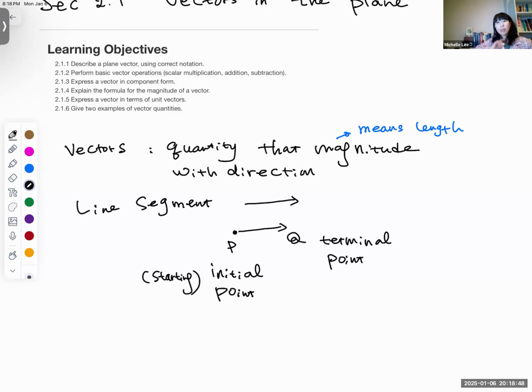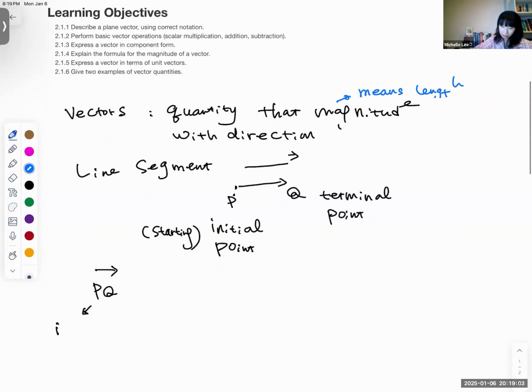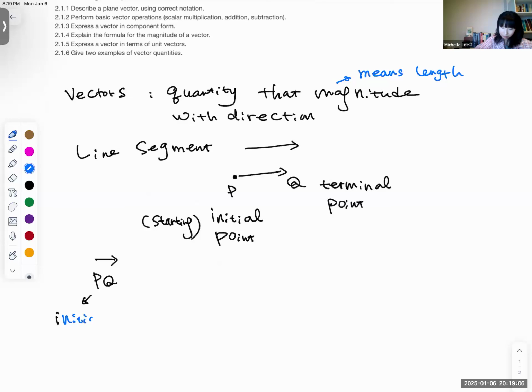We denote this line segment this way, PQ. So this is initial, this is terminal, which is the ending point, right?